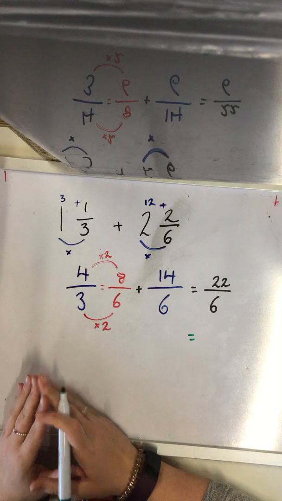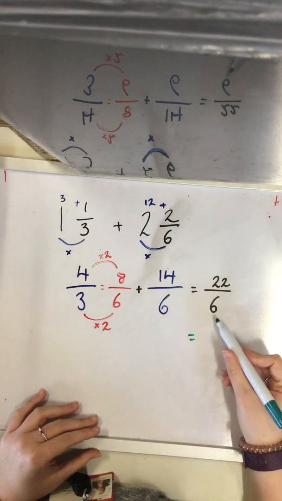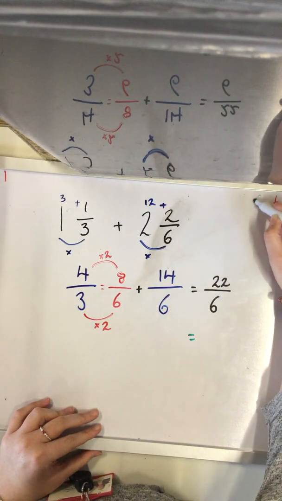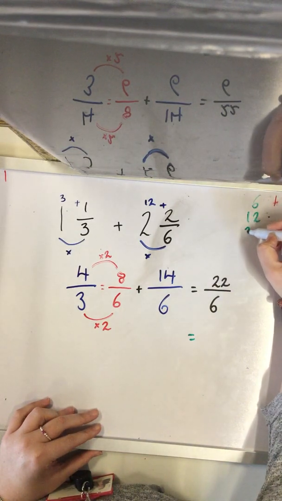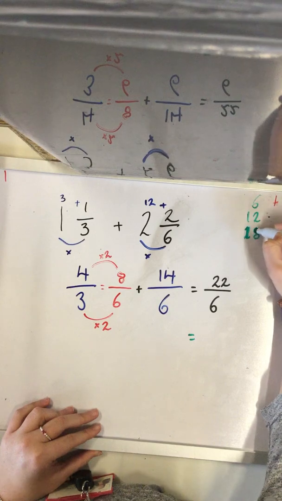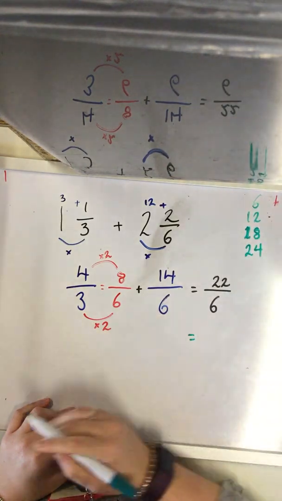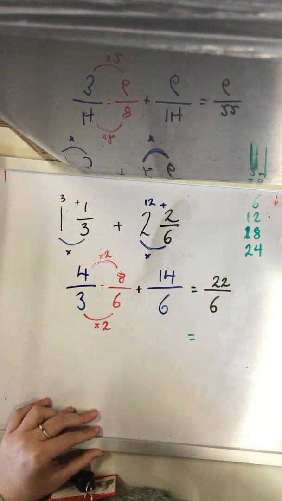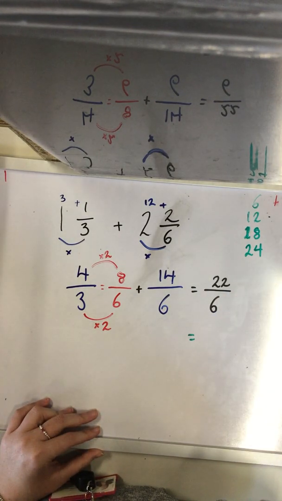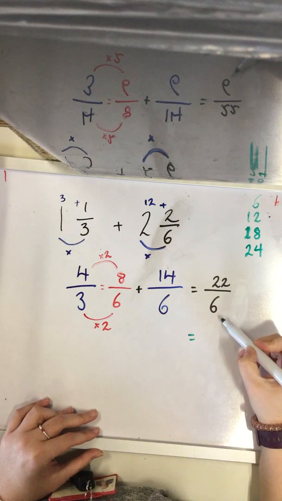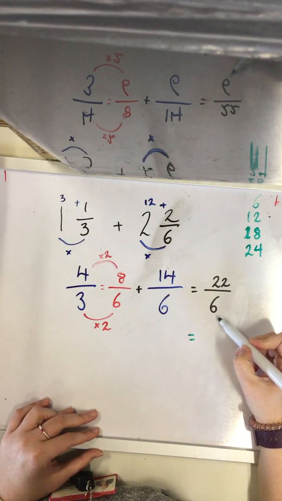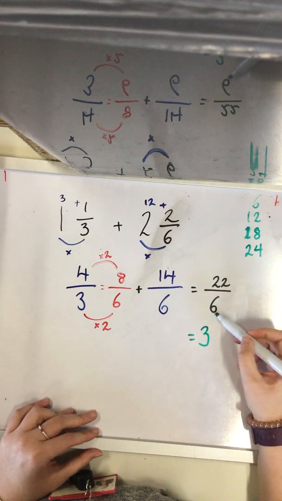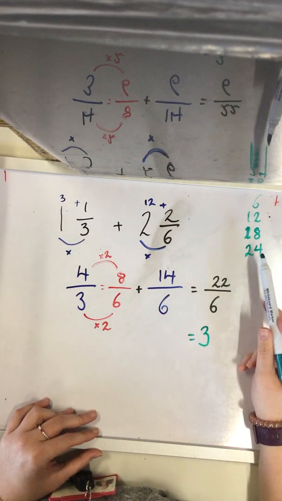We're getting good at this. We're getting practice. Practice makes perfect. So 6 is my denominator. I'm thinking about multiples of 6. I'm just going to pop some of these up here. 6, 12, 18, 24. Okay. So again, 22 over 6. The closest we're going to be able to get is going to be 3 wholes, because 6 times 3 is 18.